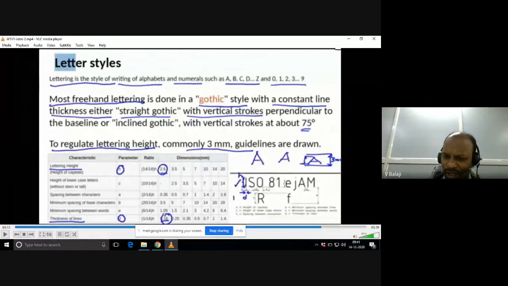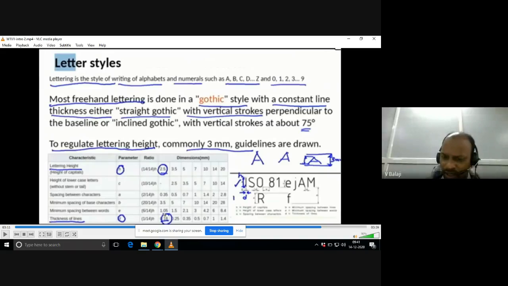You need to write the letters appropriately, following the standards. Don't write cursive writing like you used to write in the fourth or third standard. Whenever you write capital A, it must have some width and height ratio. Suppose width is 4 mm, height is 5 mm, not more than that.